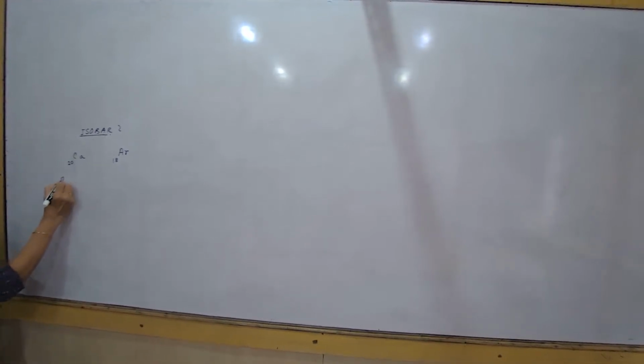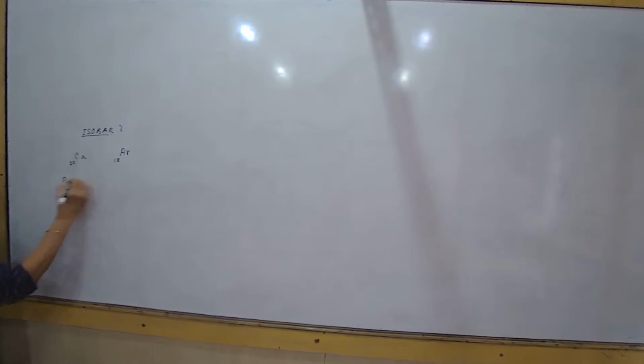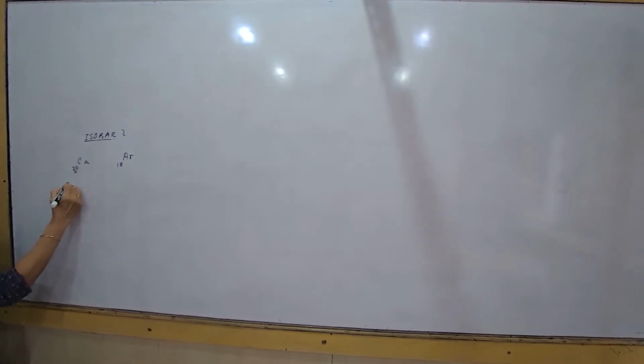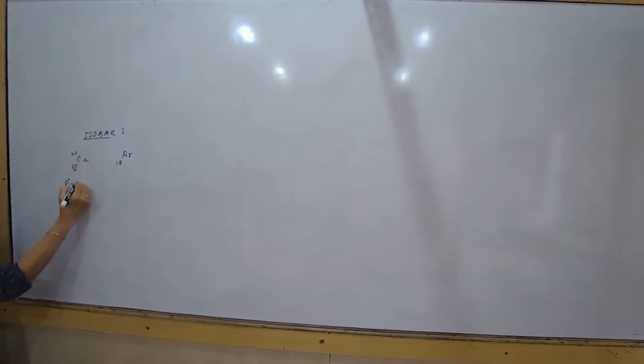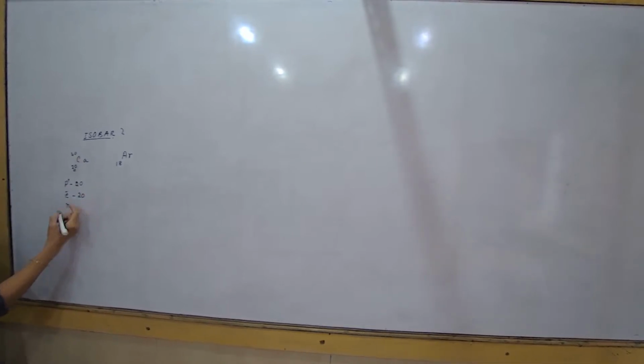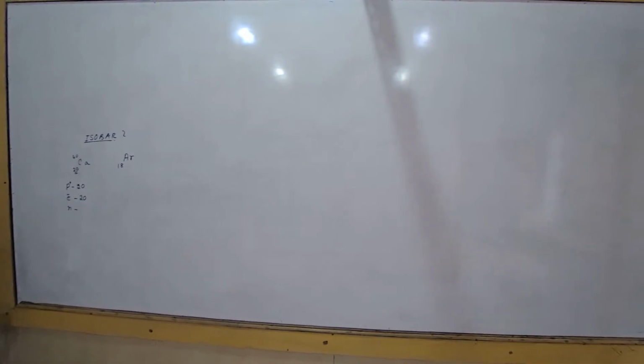How many protons, electrons, and neutrons do we have to write for each one? For calcium, protons are 20, electrons 20, and the atomic mass number is 40. Neutrons are also 20.